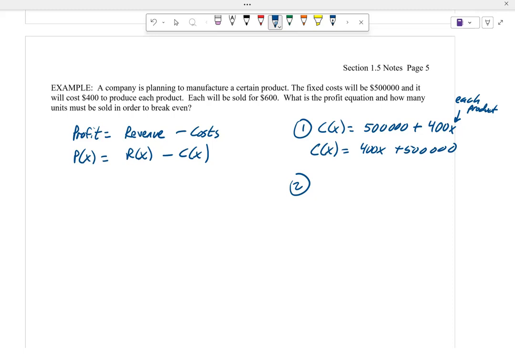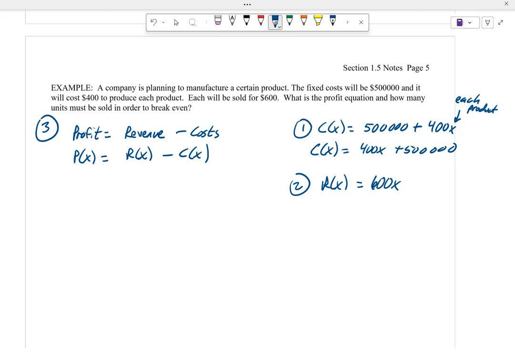Now, what about our revenue? Like how much do we make on this? Well, we sell each of these. We definitely got to sell for more than $400 because it's $400 just to make each one plus the fixed cost, right? So it looks like here they're telling us you're selling them for $600 as your revenue coming in, right? So let's go over and see our profits. What's the profit equation? And then we'll figure out how many we got to sell just to break even.